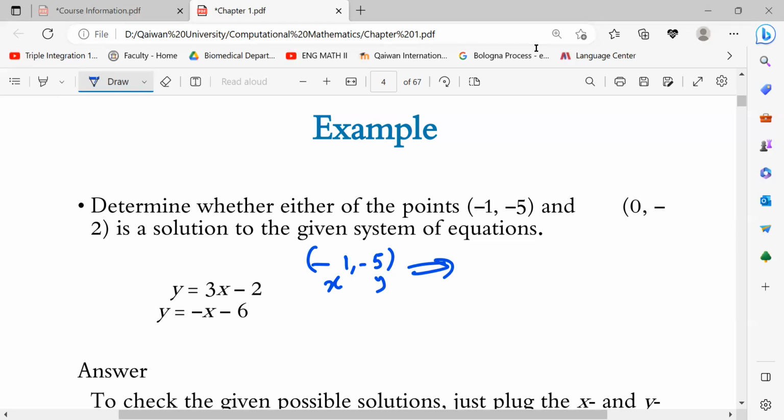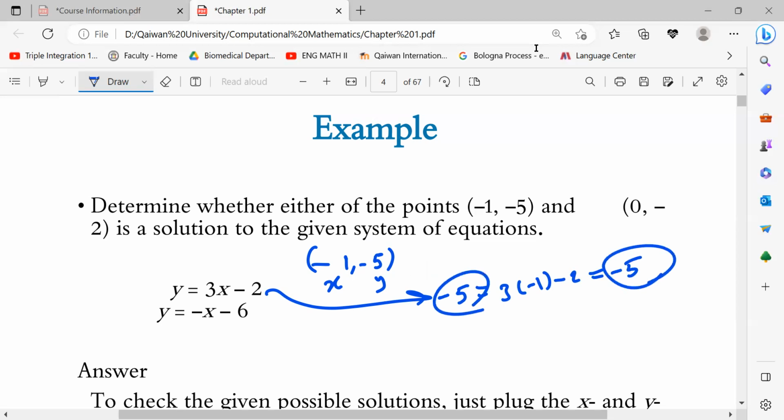So for the first equation, if you replace x by -1 and y by -5, you have -5 is equal to 3 times -1 minus 2, which is -5. So these are equal. It satisfies the first equation. Let's check the second. Here, -5 is equal to minus x, which is -1.